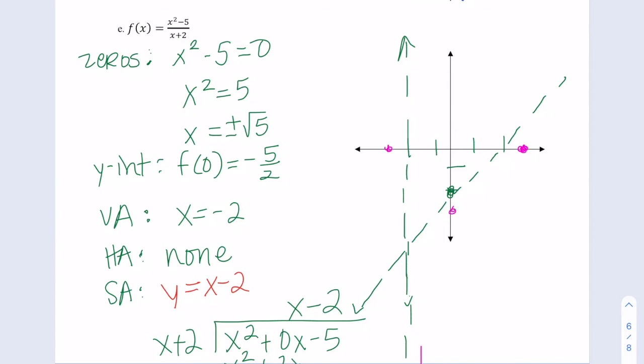So we know that this part of the function is going to get very close to the vertical asymptote and the slant asymptote, but stay in the bottom right. And we know that this part on the left will be on the top left because it has to go through the x-intercept.